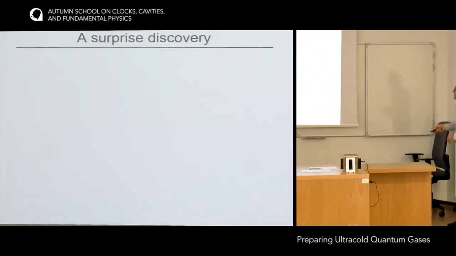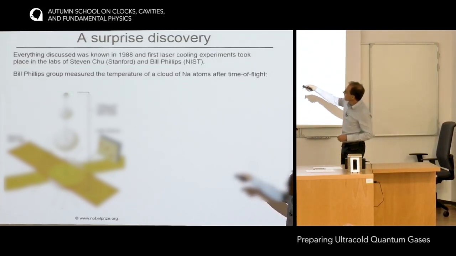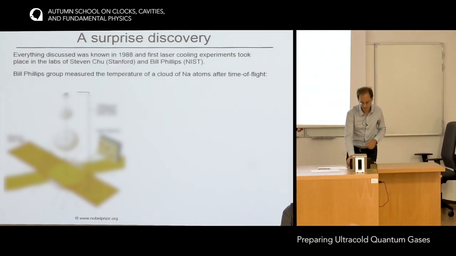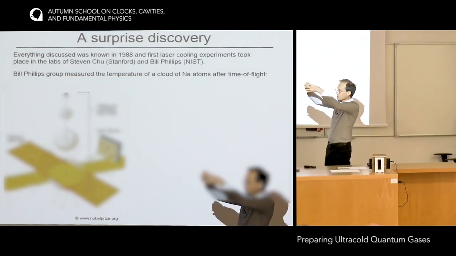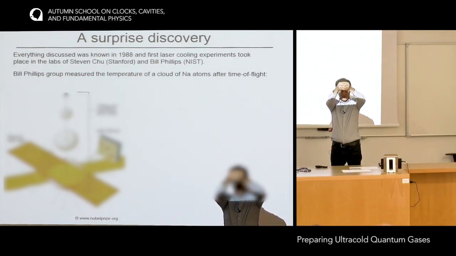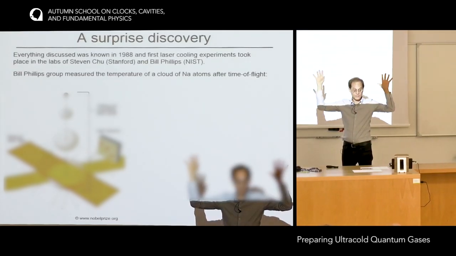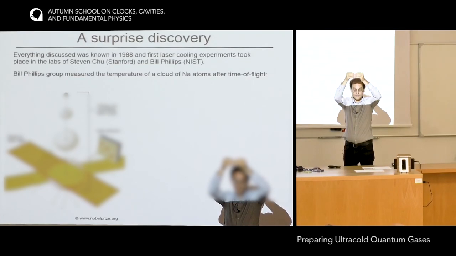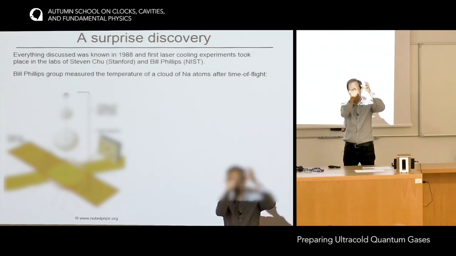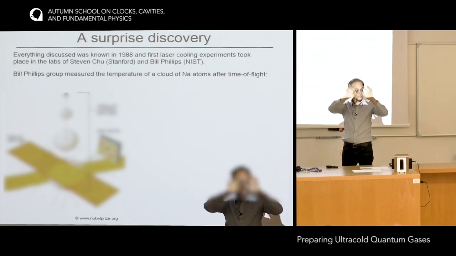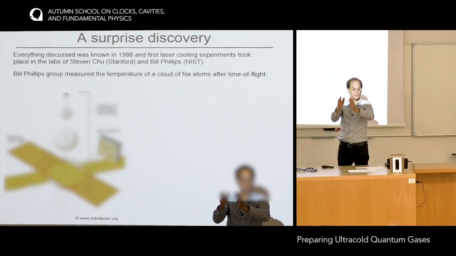And Bill Phillips constructed the sodium machine, and then they just looked for the temperature of the atoms in the molasses. So you have a little cloud of atoms, cooled down, and then they suddenly switch their laser beams off. This cloud of atoms will then drop in gravity, but the atoms will also continue to move in the random direction in which they moved at the moment when you switched your cooling lasers off.